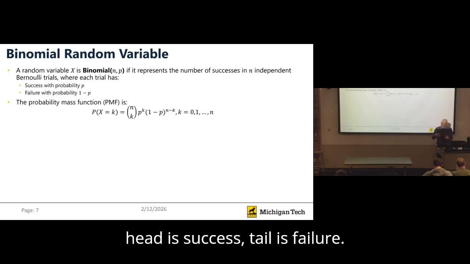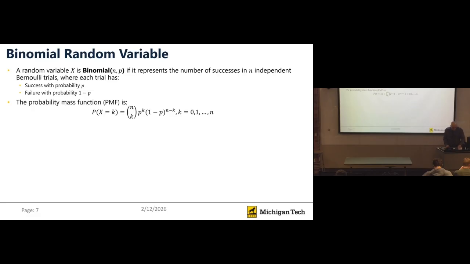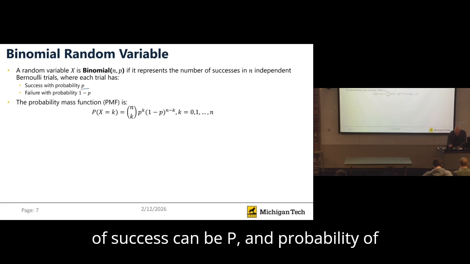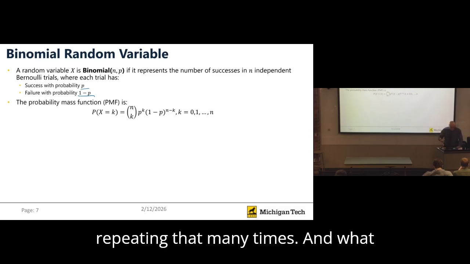Head is success, tail is failure. In that case, the probability is just 1/2 because it's a proper coin. But in general, probability of success can be P, and probability of failure can be 1 minus P. But you are repeating that many times.